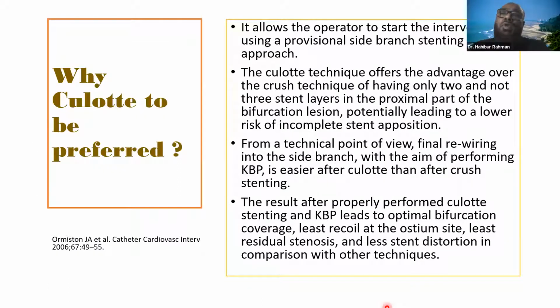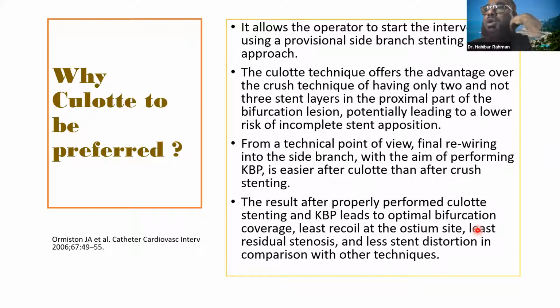So why is Culotte to be preferred? It allows the operator to start using a provisional side branch stenting approach. The Culotte technique offers the advantage over the crush technique of having only 2 and not 3 stent layers in the proximal part of the bifurcation lesion, potentially leading to lower risk of incomplete stent apposition.